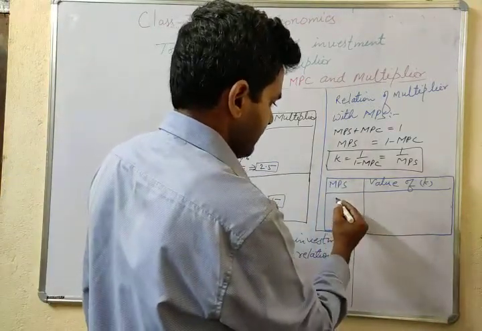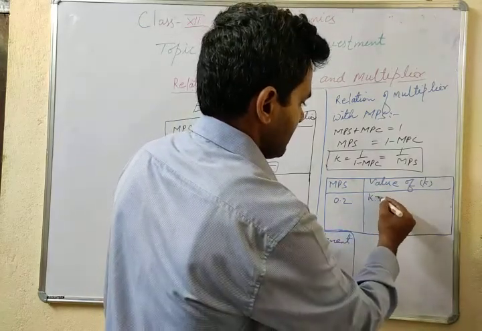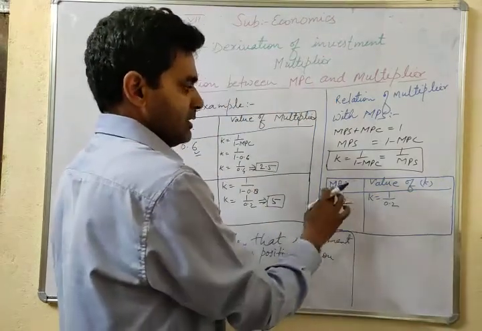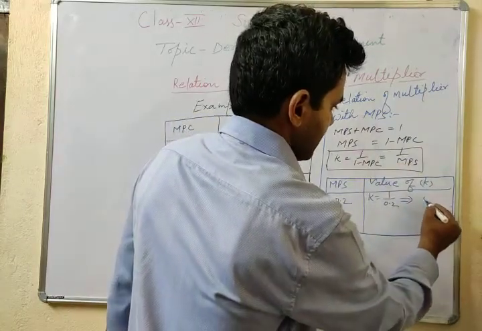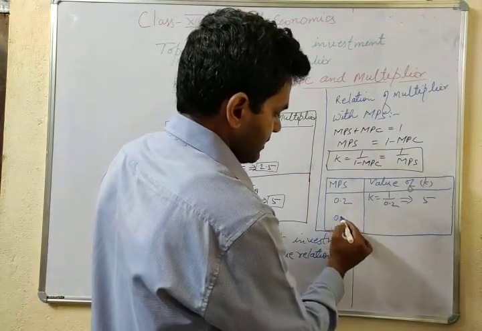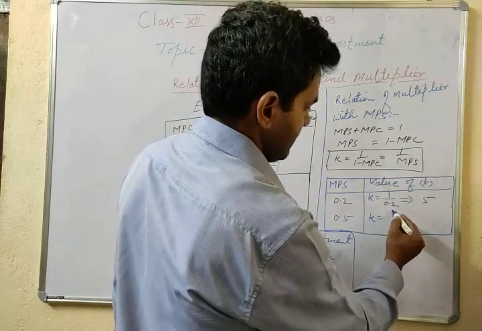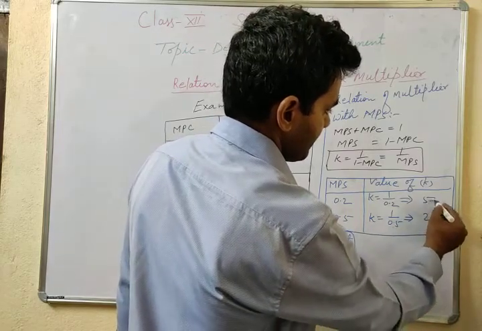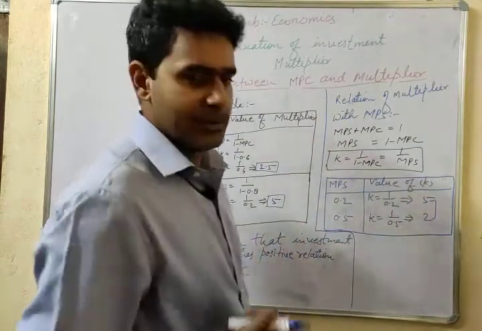If value of MPS is 0.2, what will be the value of K? K is equal to 1 upon 0.2 because the formula for getting K is 1 upon MPS. So it becomes 5. When the value of MPS increases and becomes 0.5, then the value of K will be 1 upon 0.5, it becomes 2.